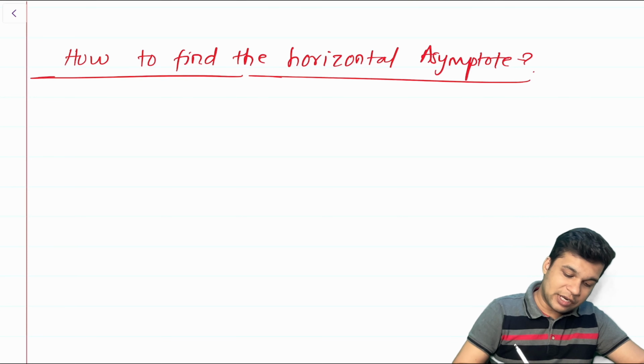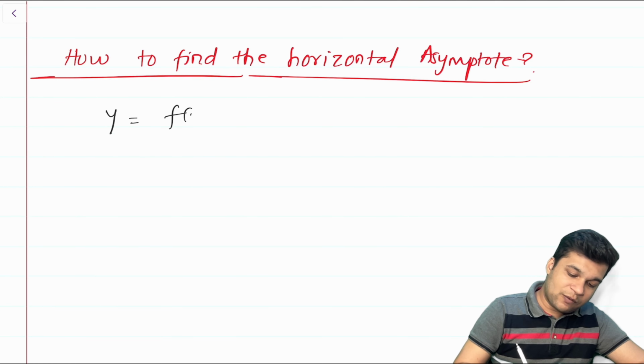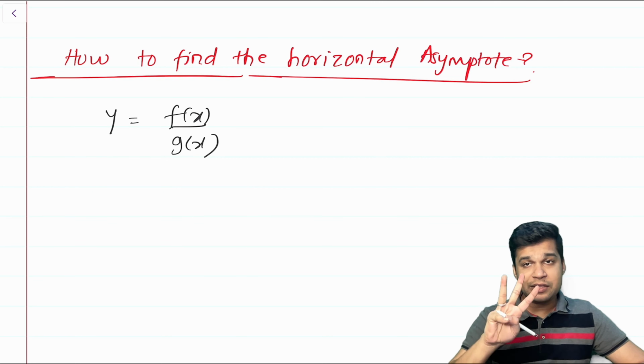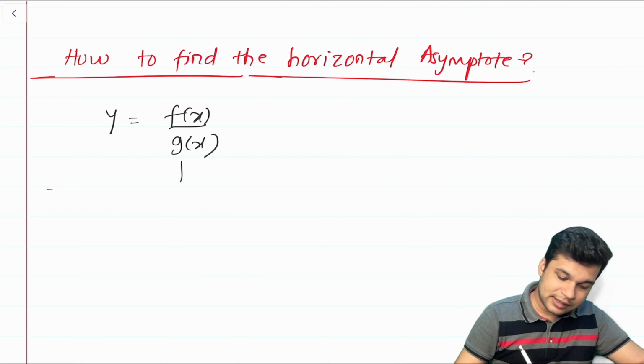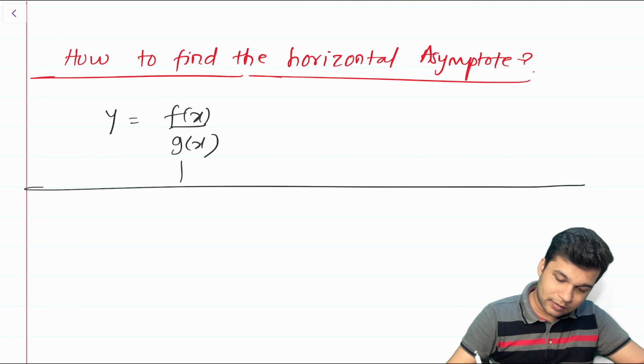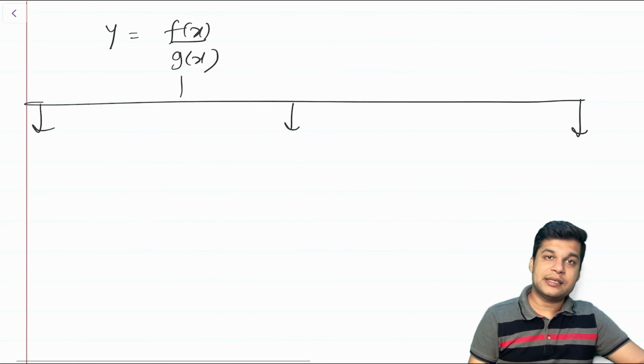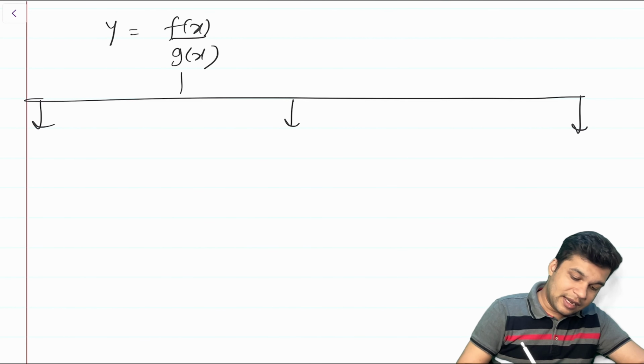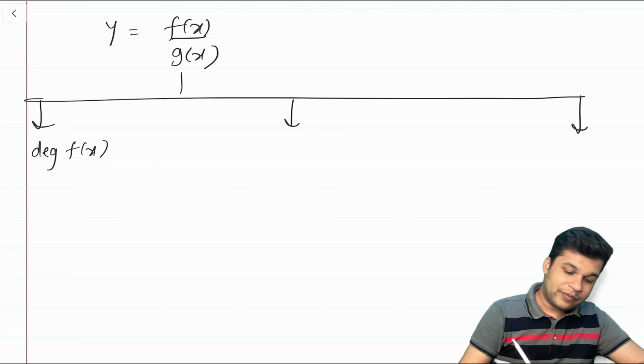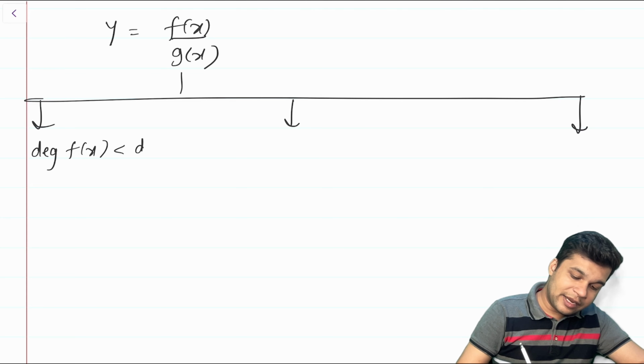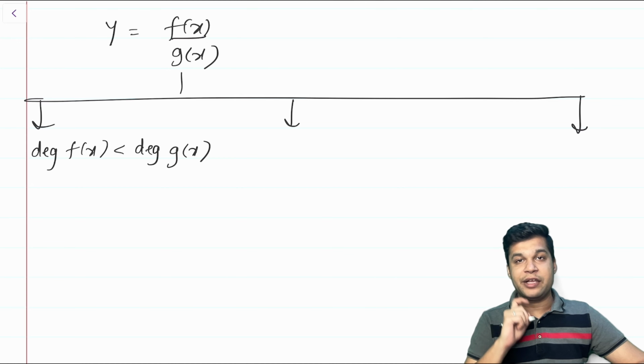Let's say you have a rational function y equal to f(x) divided by g(x). There are 3 cases. What are the 3 cases? The first case is that the degree of f(x) is lesser than the degree of g(x).